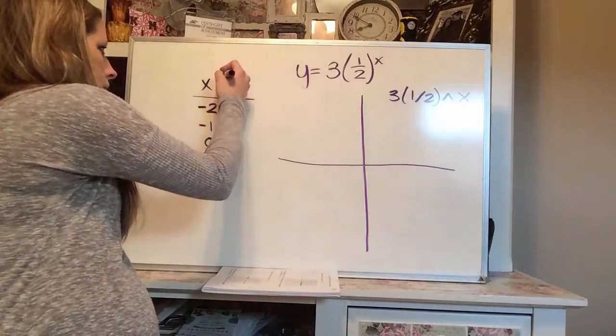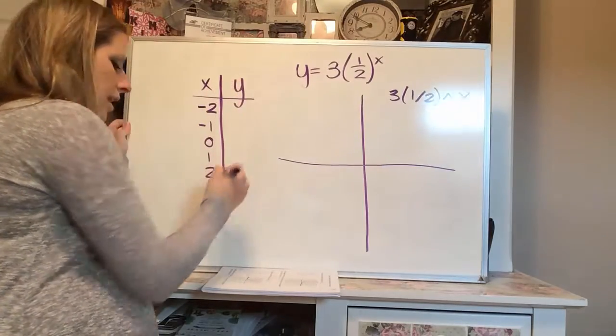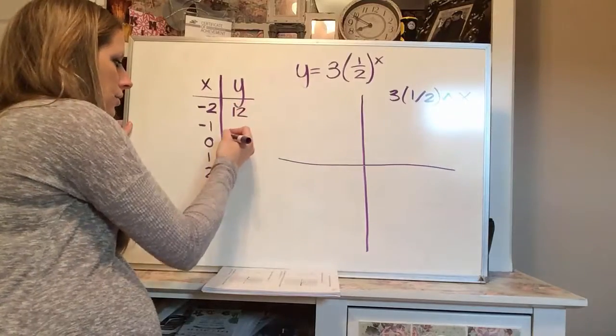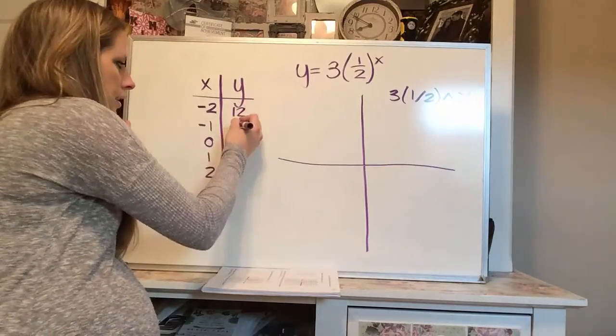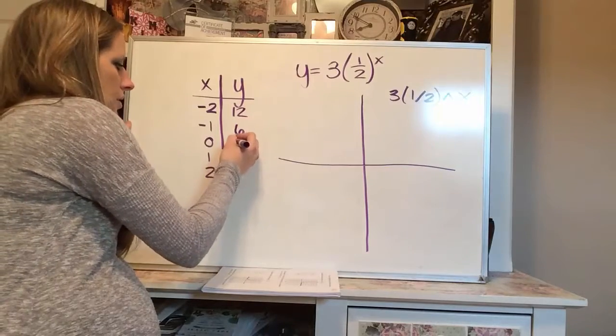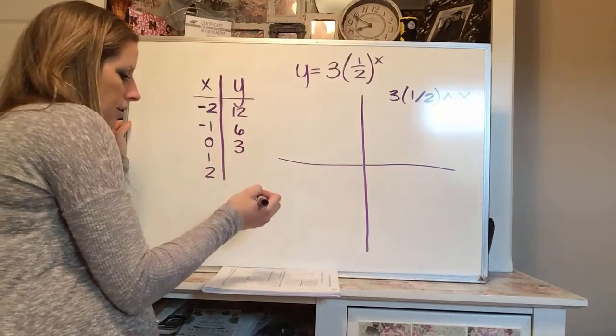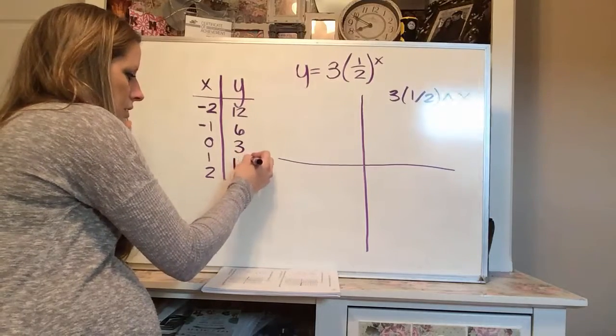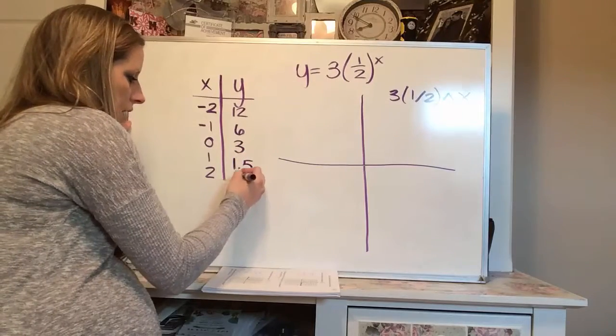So on your table, when x is -2, your y should be 12, -1, 6, 0, 3, 1, 1.5, 2, .75.